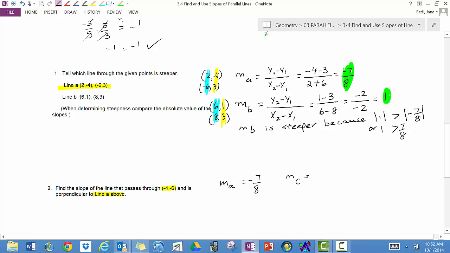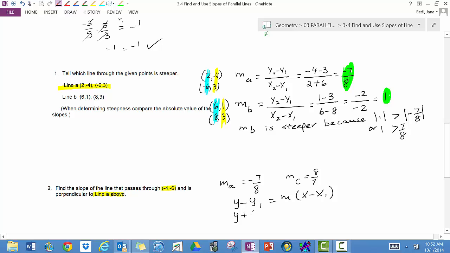So its slope will be 8 over 7, the negative reciprocal of negative 7 over 8. And I'm going to use the point slope form to find my new equation. So you get y minus y1 equals m times x minus x1. This is called the point slope form. And here you only substitute for y1 and x1.